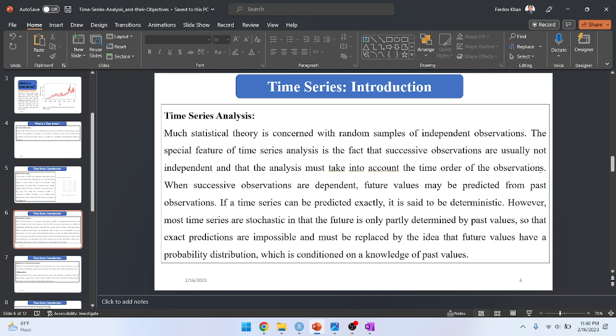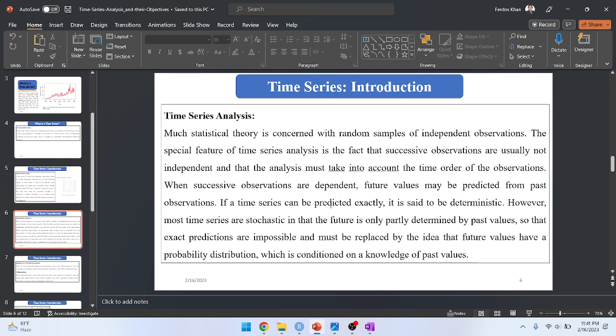So this should be taken into account. When successive observations are dependent, future values may be predicted from past observations. So the purpose is to capture that dependency in the data by using some time series model. And if you capture that dependency, then you can go ahead and do forecasting by using the best model.